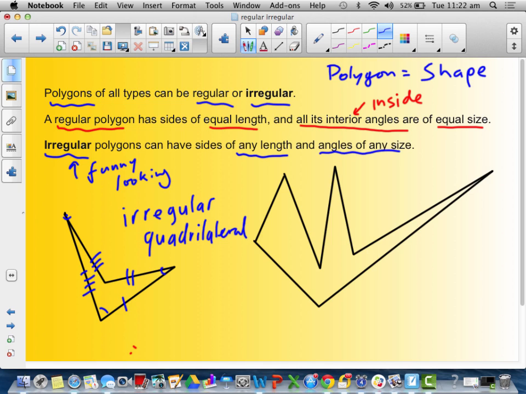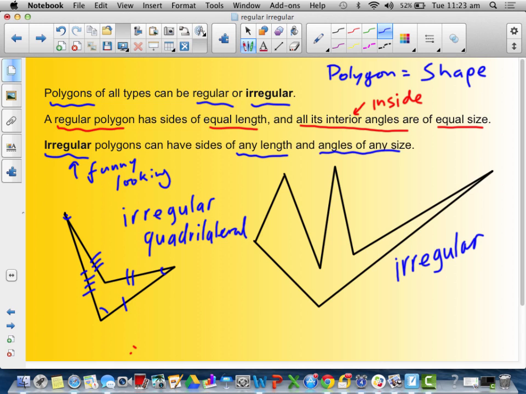All right, bonus points over here. This is a fun shape. There is a name for this shape. Can you tell me if it's irregular or regular? What do you think, Laura? It's definitely irregular. Why is it irregular? Yeah, the sides are all different.